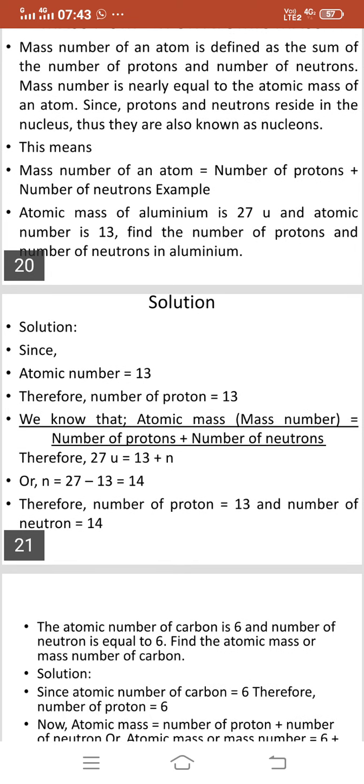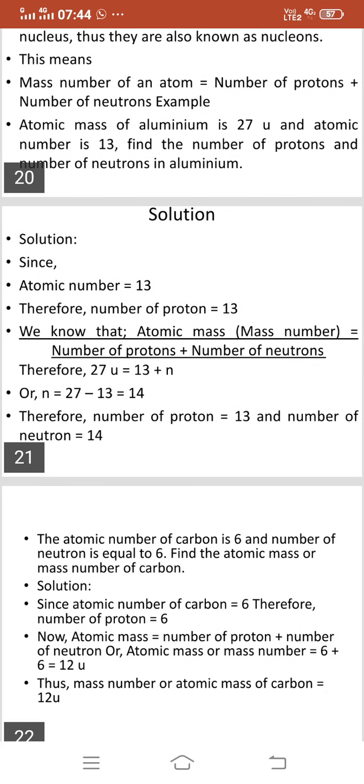We know that atomic mass, or you can say mass number, equals number of protons plus number of neutrons. Therefore, 27 U equals 13 plus small n, or small n equals 27 minus 13, that will be 14. Therefore, number of protons equals 13 and number of neutrons equals 14.